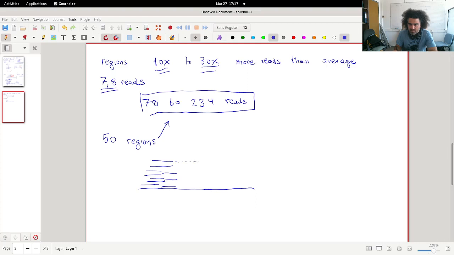Remember, we have extended reads like that, and we have also the other one from the negative strand here, and we have extended these reads towards this direction.